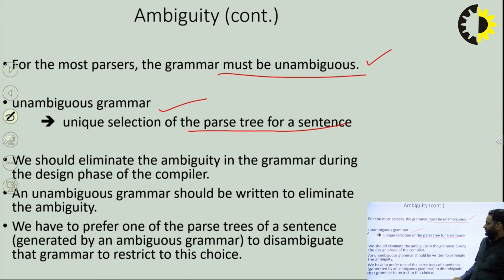Again, we should eliminate the ambiguity in grammar during the design phase of the compiler. Our first step: ambiguous grammar should be rewritten to eliminate the ambiguity. Unambiguous grammar should be there. We have to prefer one of the parse trees of a sentence generated by ambiguous grammar, to disambiguate that grammar and restrict the choice.